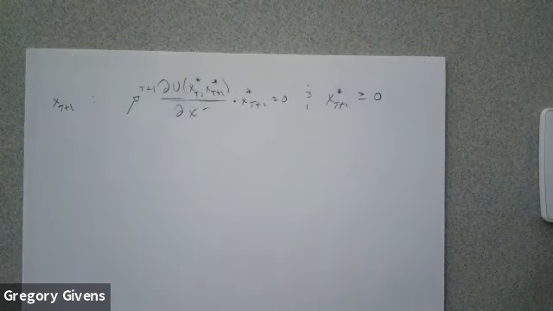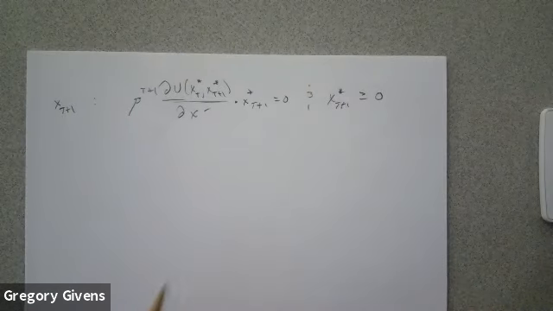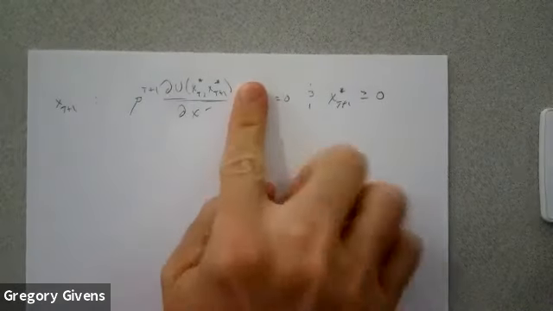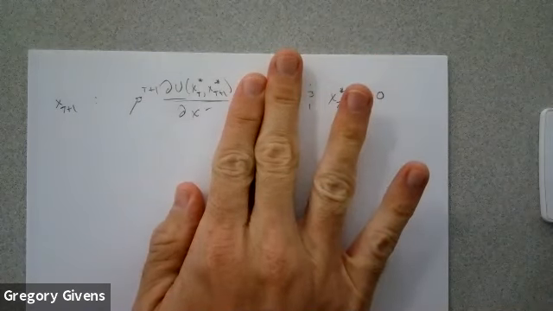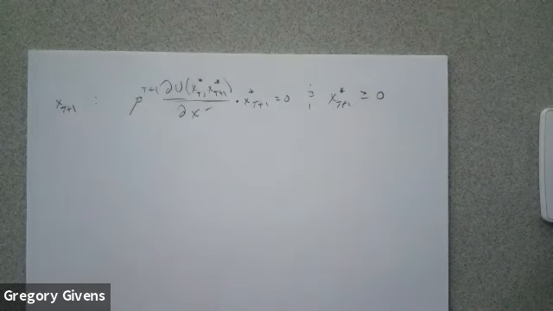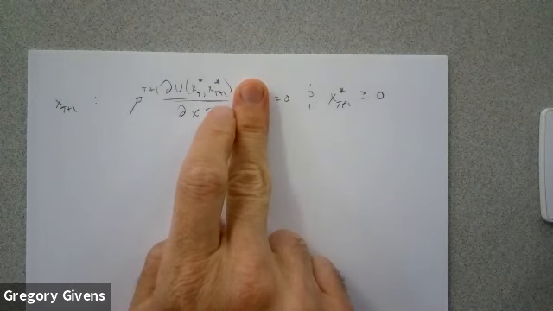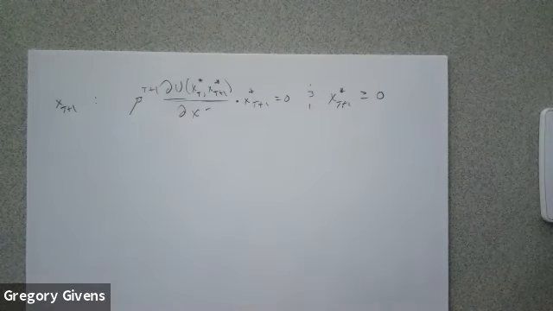It accounts for the possibility that the optimal value of x T plus 1 may be 0. If it is, then this term here does not have to be equal to 0. However, if there is an interior solution, then this derivative has to be equal to 0, right? So we write this in complementary slackness form to account for both possibilities.